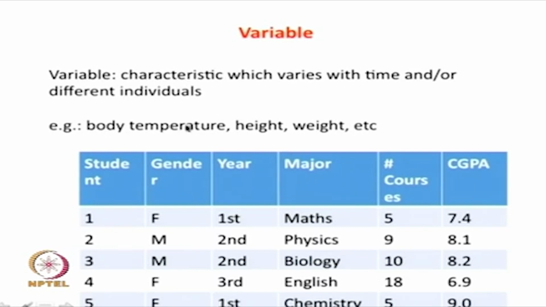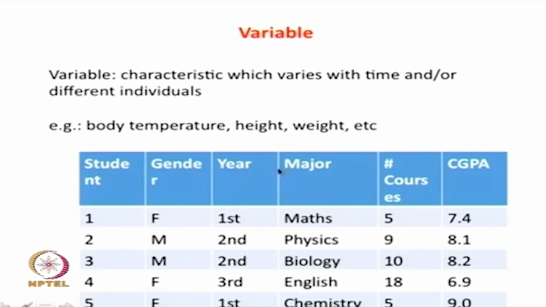You want to figure out the average height of this population, so height is a variable, similarly weight, and so on. This is just an example of data of, let us say, 5 students in a class. You have the following variables. What is the gender? What is the year of the student, since you have selected 5 students from the hostel: first year, second year, and so on.